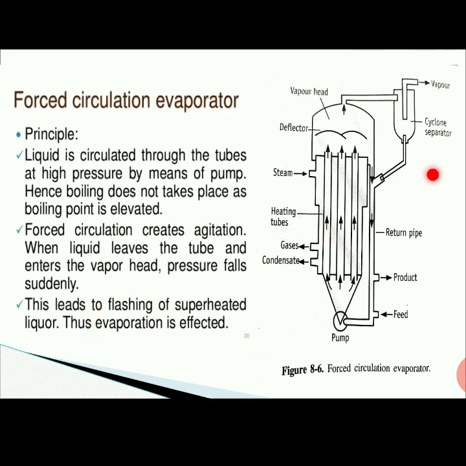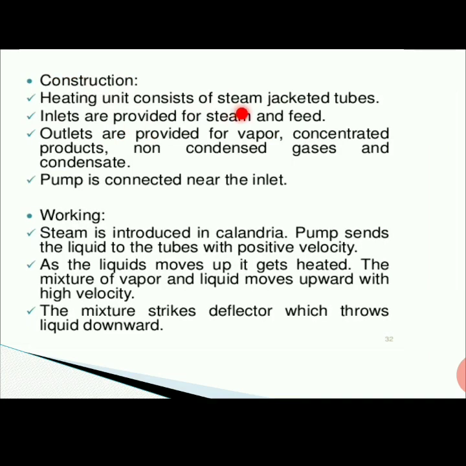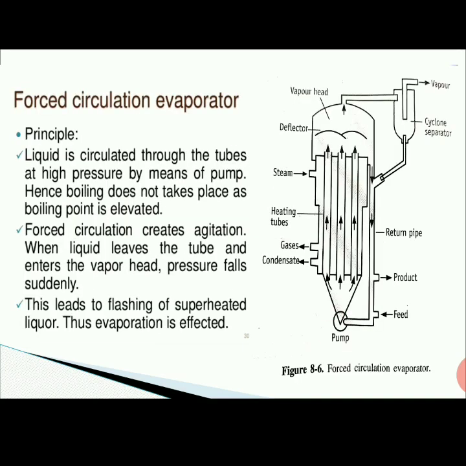Then what about the construction? This consists of steam jacketed tubes, a pump, and a lot of tubes. At the bottom side, there is one opening for the feed inlet.